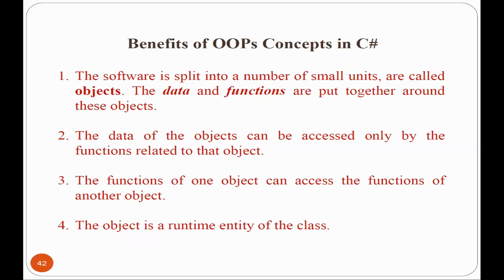So, the benefits of object-oriented programming concepts in C Sharp. Number one, the first benefit is we can divide our software into different modules. This is very helpful for making the software very compatible and comfortable. When we divide it into small pieces, we can solve the problem easily.